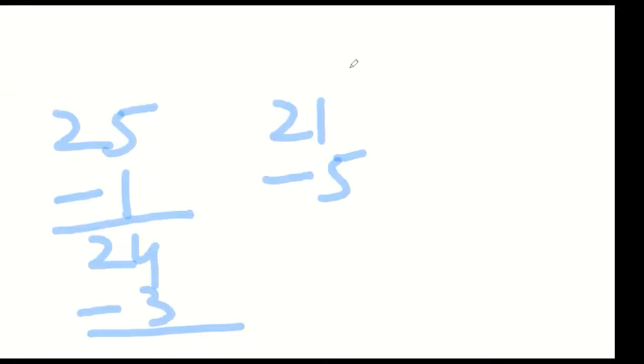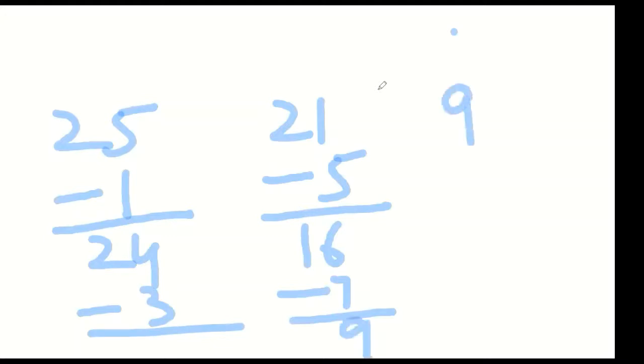I'll keep on subtracting consecutive odd numbers until I get 0. 21 minus 5 is 16, minus 7 is 9, and then 9 minus 9 is equal to 0.